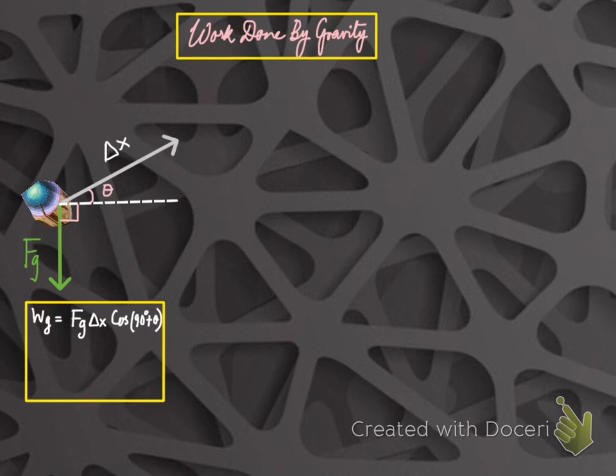Now from trig, cosine of (90 plus theta) is actually negative sine theta. So we substitute that. So the work done by gravity becomes negative Fg times delta x times sine theta. But delta x sine theta, if you look at the triangle up there, is just the length of the green arrow right here.